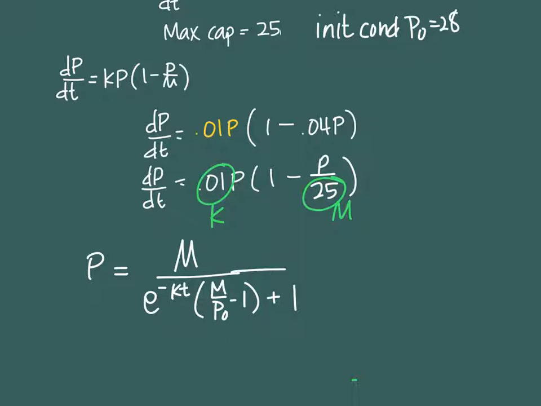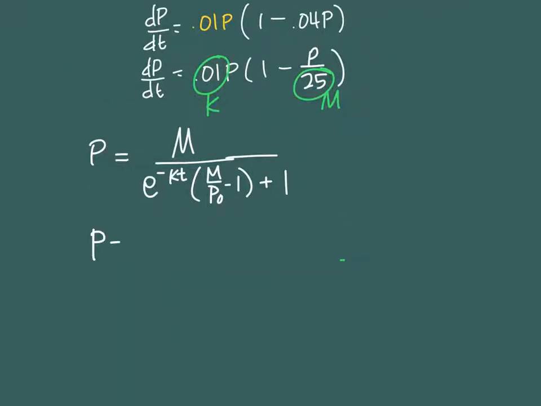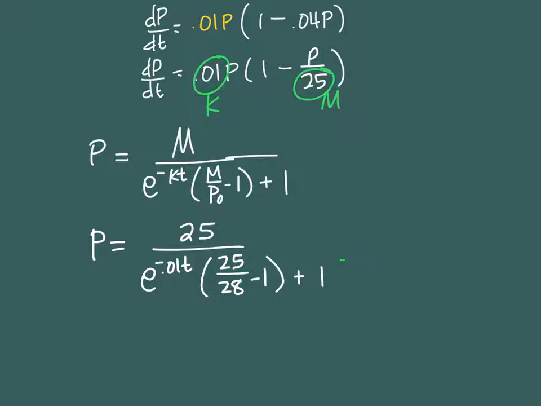So we'll drop in M as 25, K is 0.01, and our initial condition is 28. So I have P equals 25 over e to the negative 0.01t times 25 over 28 minus 1, plus 1.